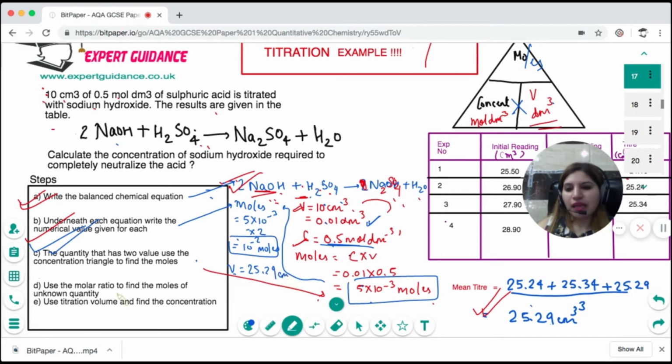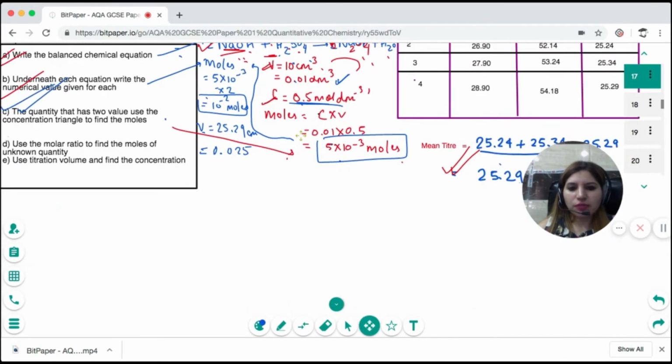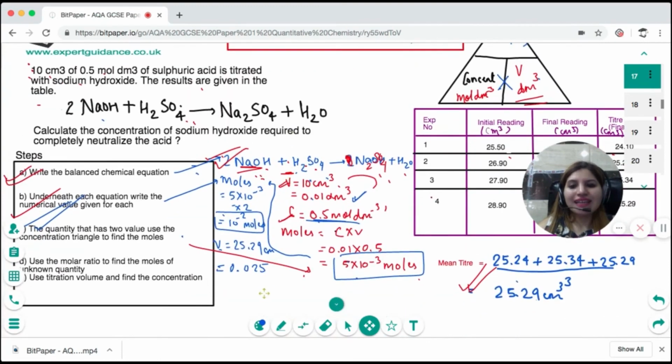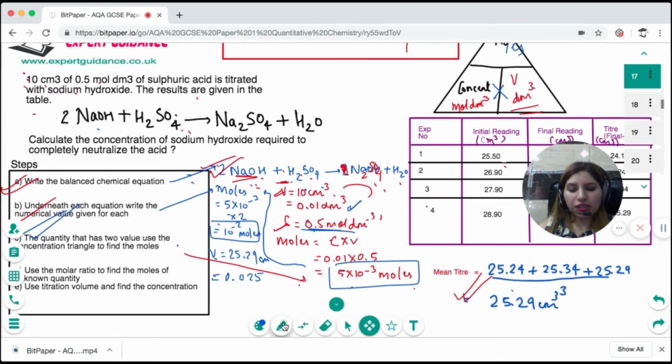Okay, now how do you work out the concentration? We'll first take the volume, which is 25.29. We divide it by 1000. So the volume is 0.025 and our moles is 10 to the power minus 2. We will do 10 to the power minus 2 divided by the volume, and that will give us the concentration.